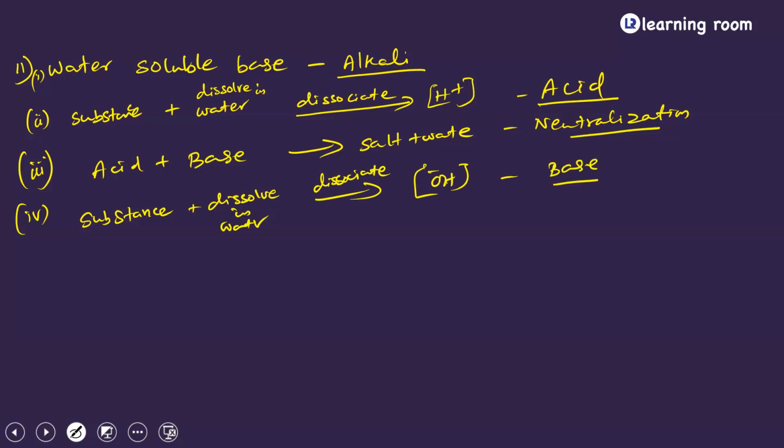Next, explain why an aqueous solution of sodium sulfate is neutral, while an aqueous solution of sodium carbonate is basic in nature. What is the reason?